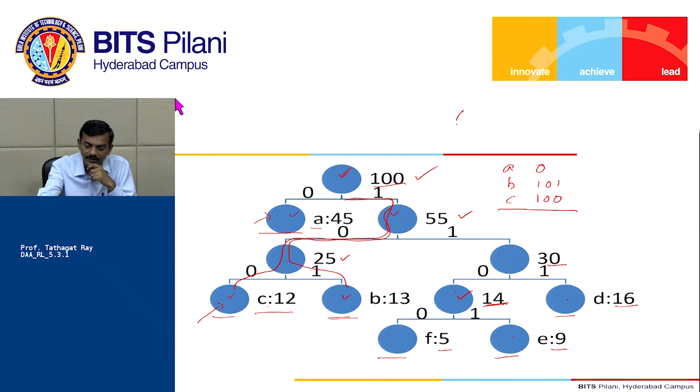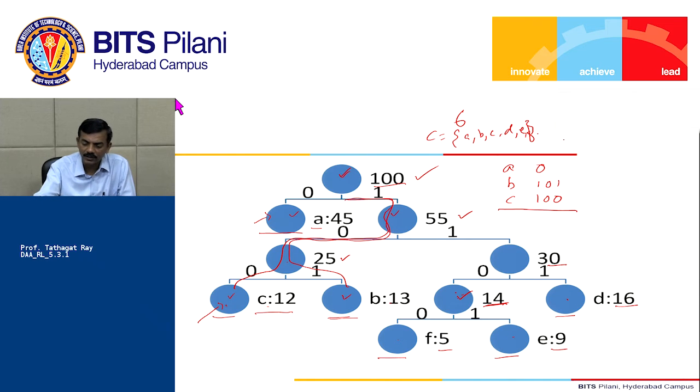We had 6 characters total, the alphabet A, B, C, D, E, F. Each one of them corresponds to some leaf. How many internal nodes are there? You can see 1, 2, 3, 4, 5.